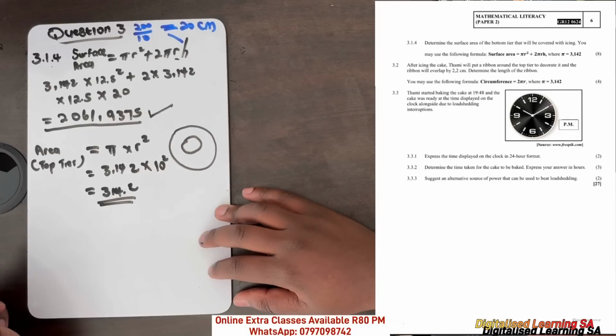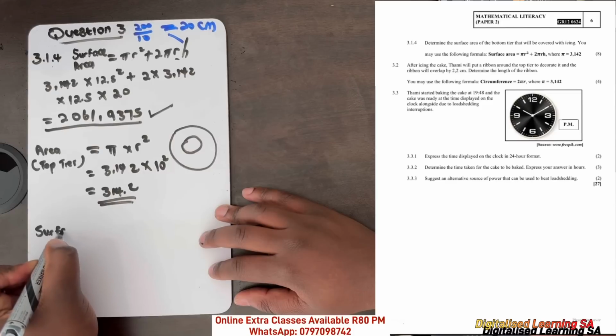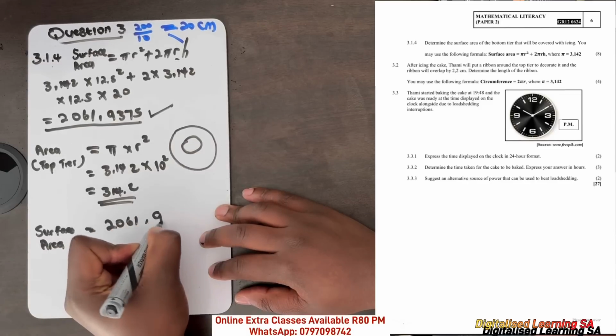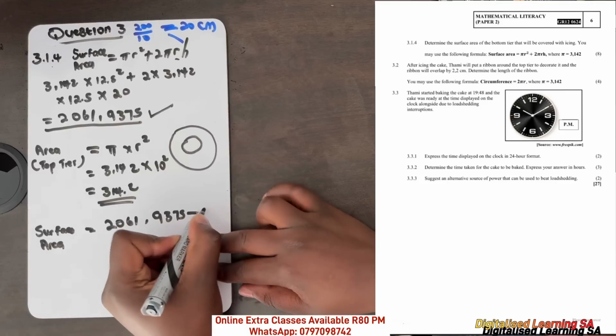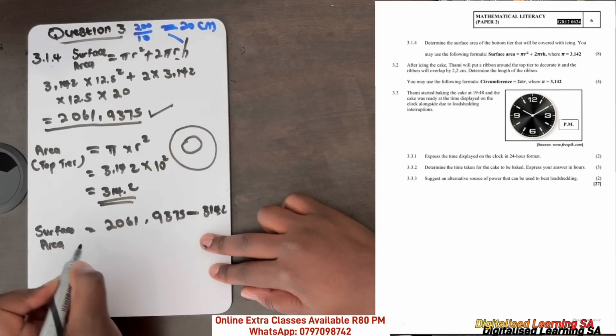So our surface area will then be 2061.9375 minus 314.2.